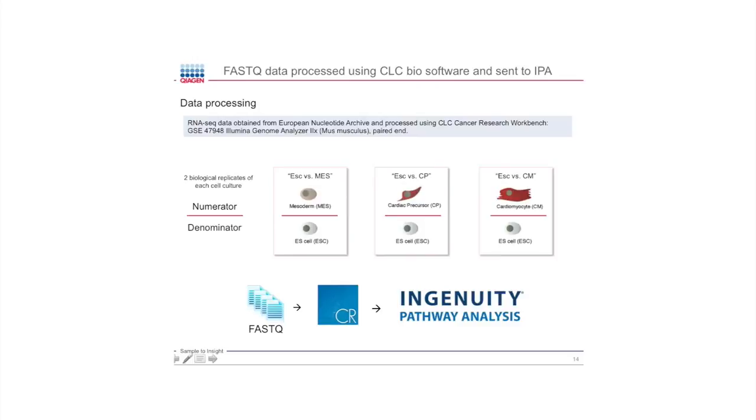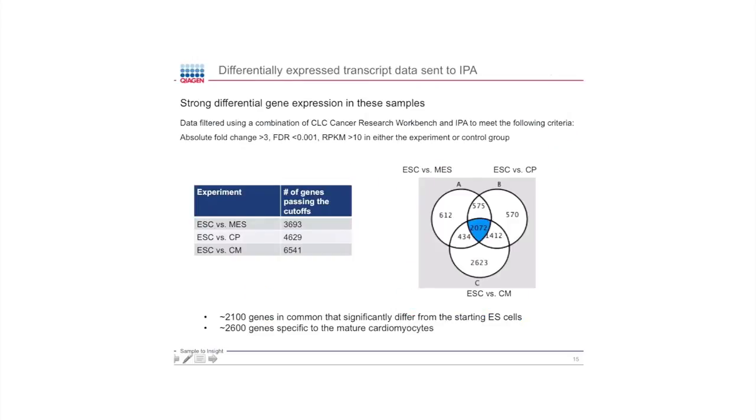And we saw really strong differential gene expression in these samples. We did filter the data, in CLC Workbench as well as in IPA, to meet these criteria: the absolute fold change of greater than 3, so either fold change +3 or better, or -3 or lower; a false discovery rate, computed in the Workbench, of less than 0.001; and an RPKM, or expression, greater than 10 in at least either the experiment or the control.